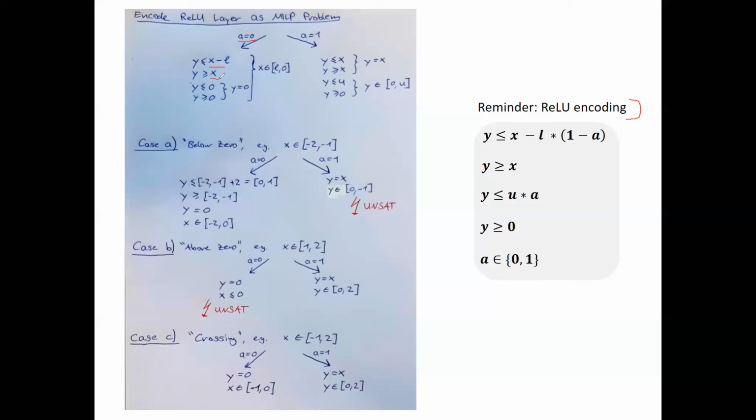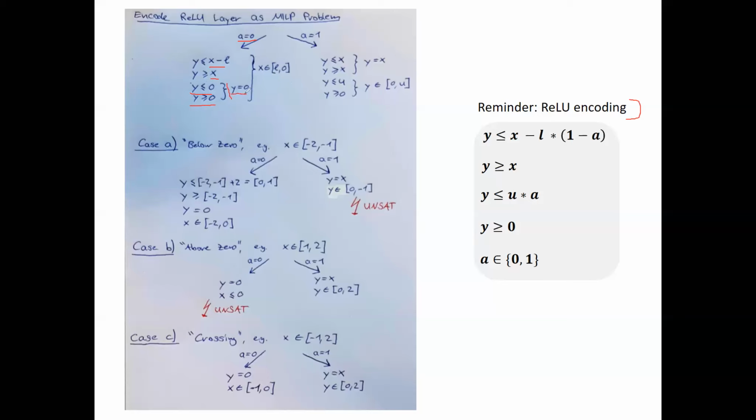And then y is less than or equal to u times a, but because a is 0, we end up with u times 0. So y is going to be less than or equal to 0. And the last constraint, y greater than or equal to 0, we have just copied it. So these together imply that y is actually equal to 0.